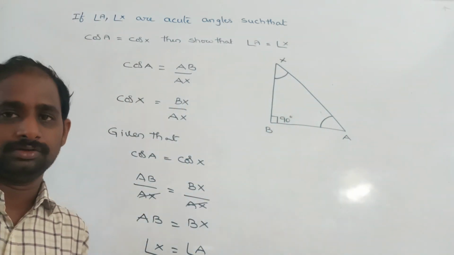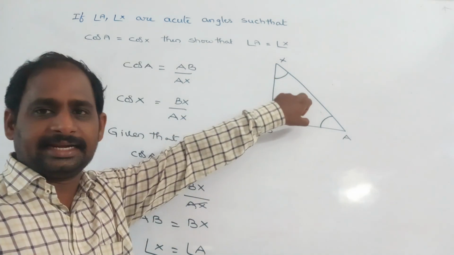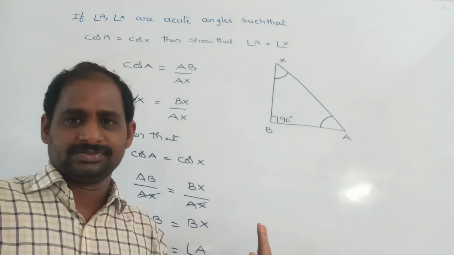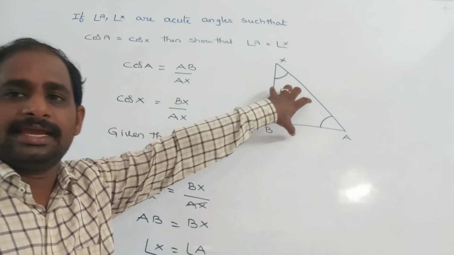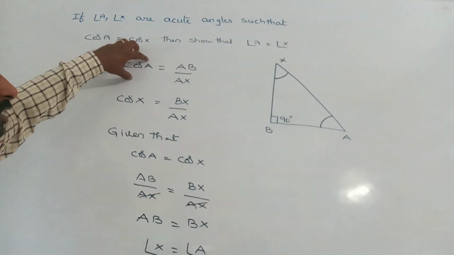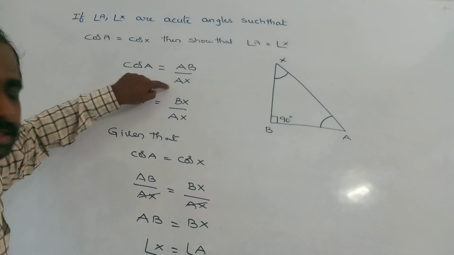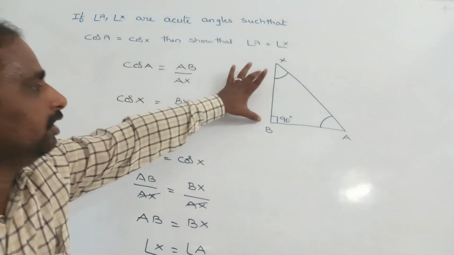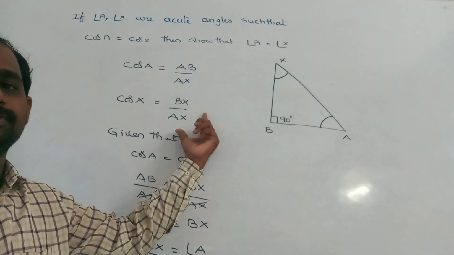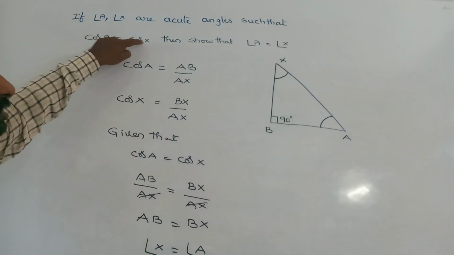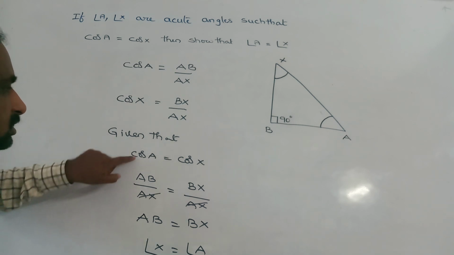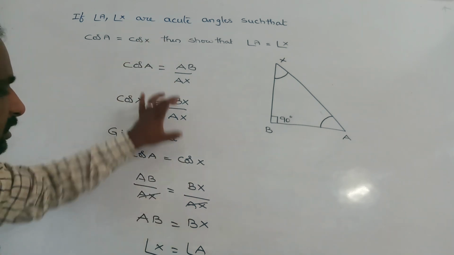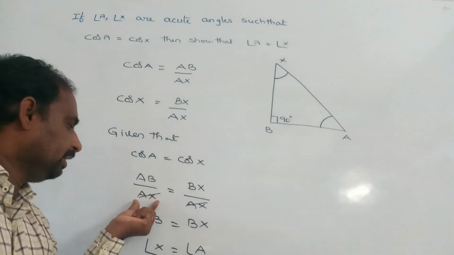I think you understood. Let us consider a right angle triangle ABX where angle B is 90 degrees. We know the condition: cos A is equal to adjacent side by hypotenuse, and cos X is also adjacent side by hypotenuse. Given that cos A is equal to cos X, cos A is nothing but AB by AX and cos X is nothing but BX by AX.